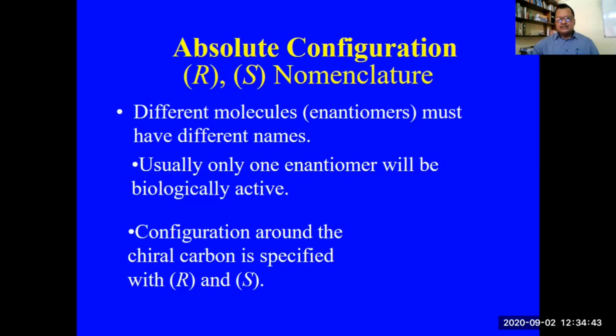And R and S is assigned theoretically. We have a set of rules, and through these rules we assign configuration. One thing more I want to tell you: optical activity is a property of a molecule as a whole, whereas configuration is a property of a stereo center.